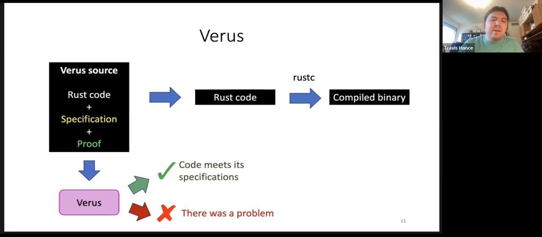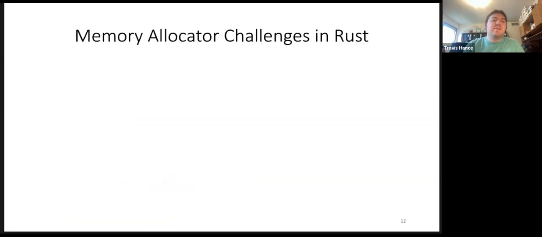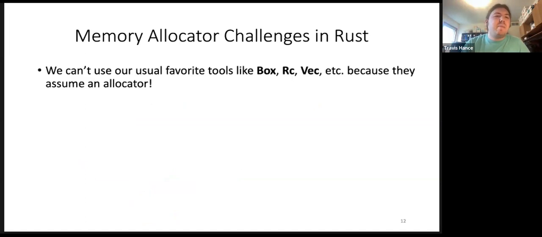So when it comes to the question of verifying a memory allocator, there are some particular challenges, and actually these are challenges that we'll encounter even for unverified Rust. When we implement a memory allocator, we can't use our favorite tools like Box, Rc, and Vec because those assume an allocator, right?